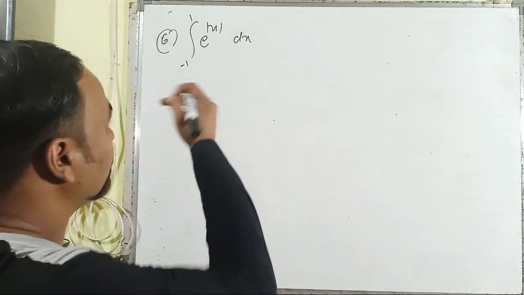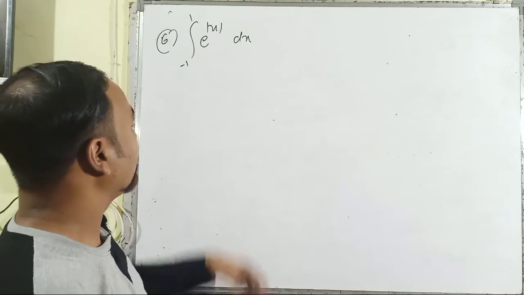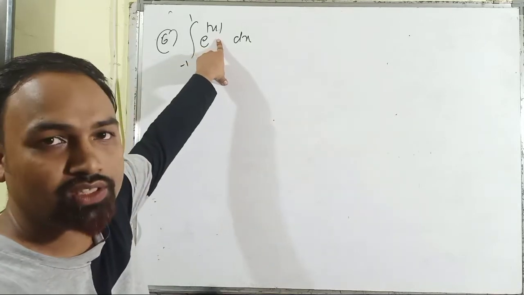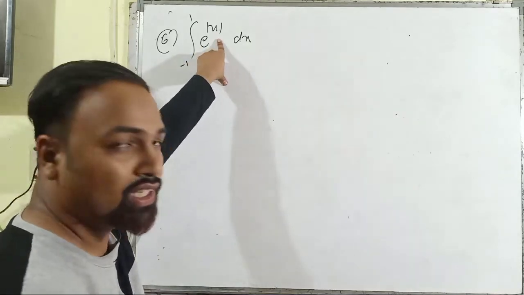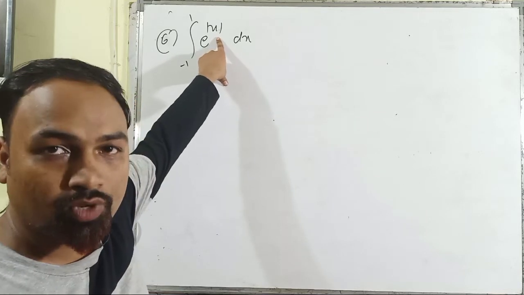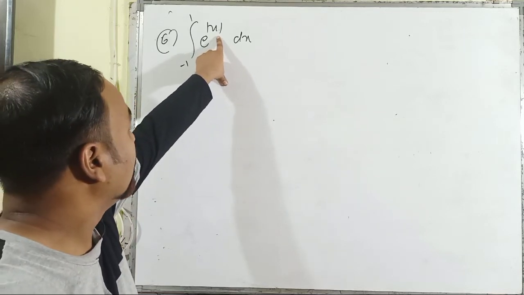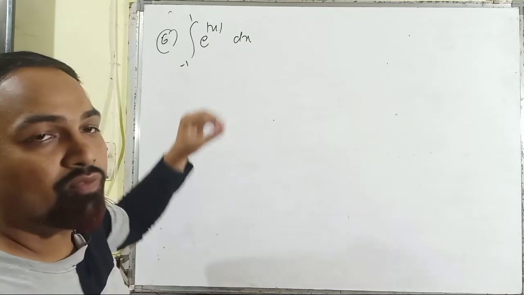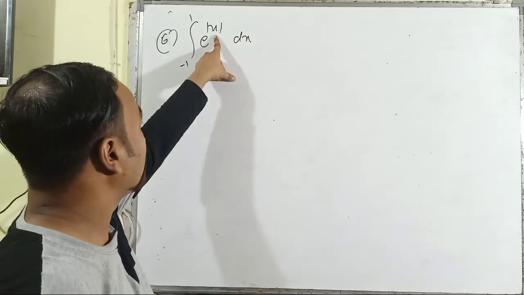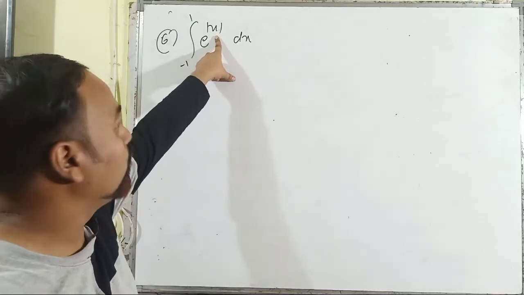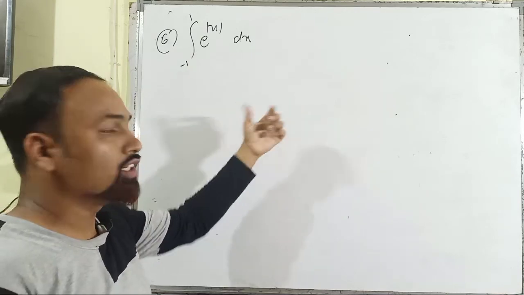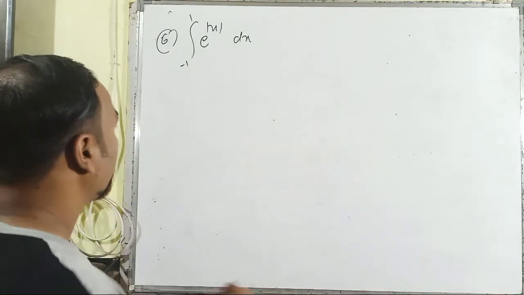It is easy because the modulus function is of the basic general form, modulus of x. So we can separate this integral at the point 0, because for the function modulus of x, you know that at the point 0 the character changes from right to left or left to right.